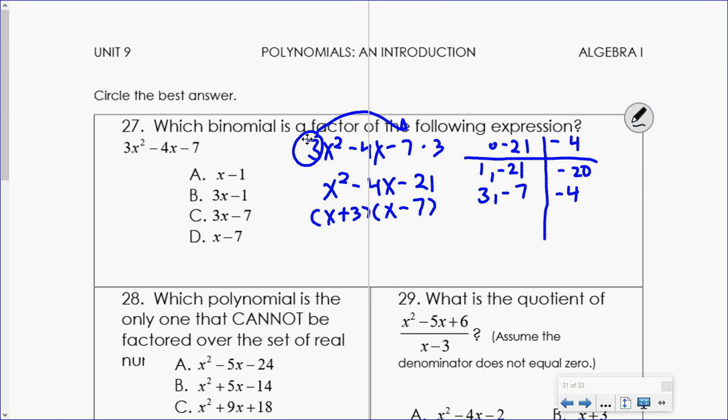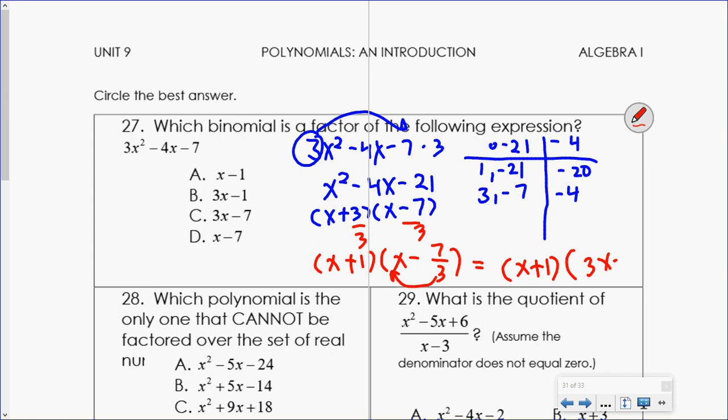I divide both sides by 3, and I get x plus 1 times x minus 7 over 3. Now we do have to slide this 3 back, so this ends up being x plus 1 times 3x minus 7.